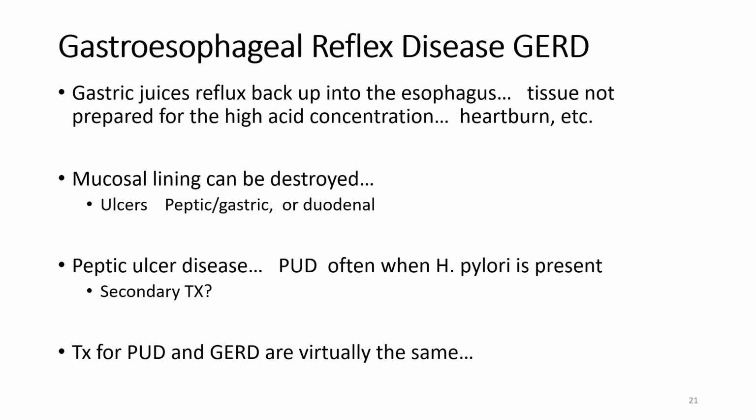Okay, so gastroesophageal reflux disease, which we typically just call GERD, and then peptic ulcer disease, or PUD. Typically our stomach is able to handle that extreme acidic environment, okay? Sometimes during stressful situations, we have patients who develop ulcers in the stomach.